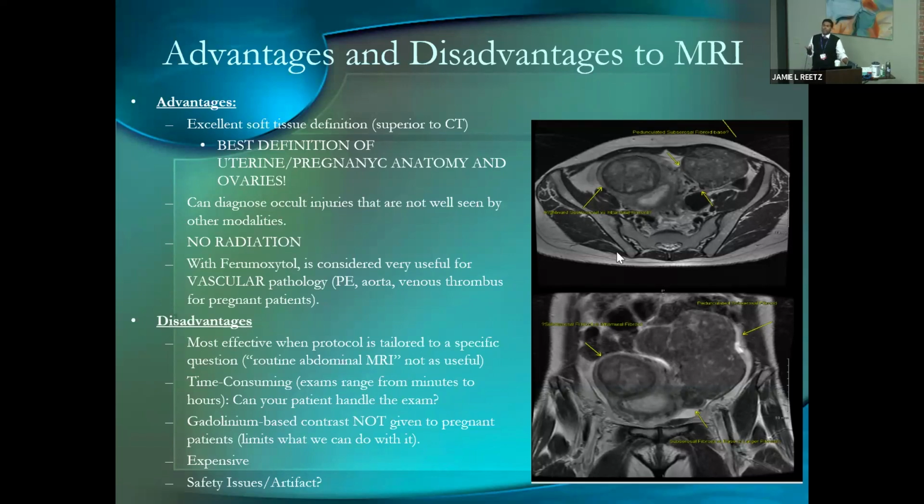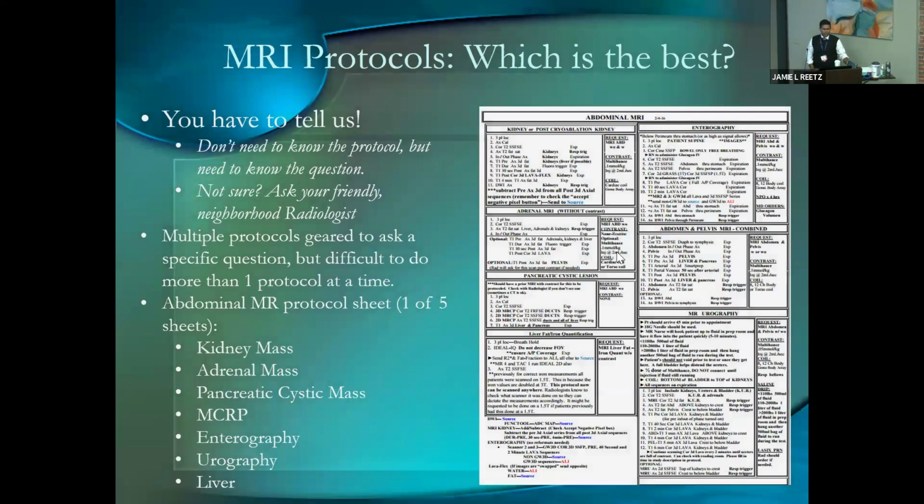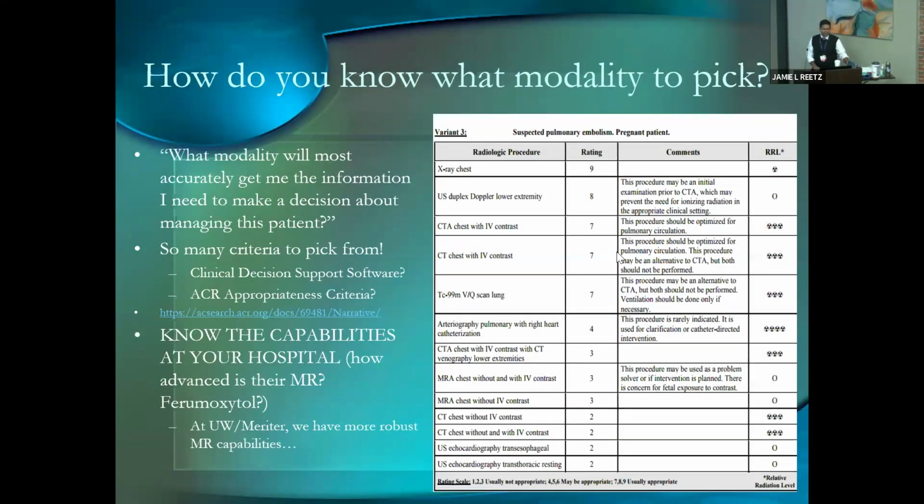The other thing to remember is that gadolinium cannot be given to pregnant patients. So I've taken away one of the biggest useful tools with MRI by saying no gadolinium for pregnant patients, even though ferumoxytol is a pretty fair trade. There's also safety, tissues, and artifact. I'm not going to get into this because I want to go to the cases, but there are so many ways to make these decisions. There's ACR clinical decision software.